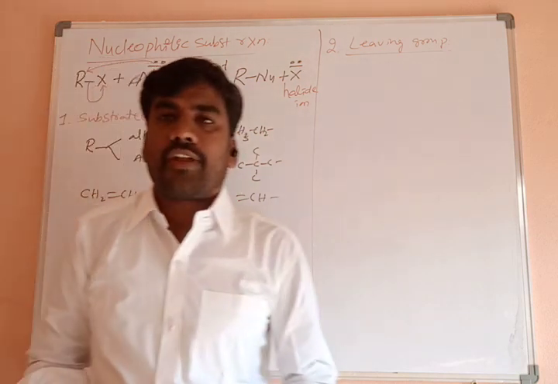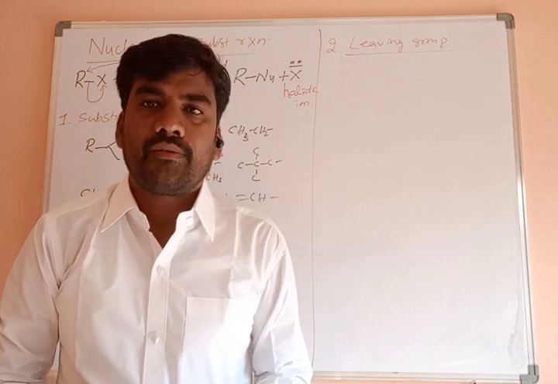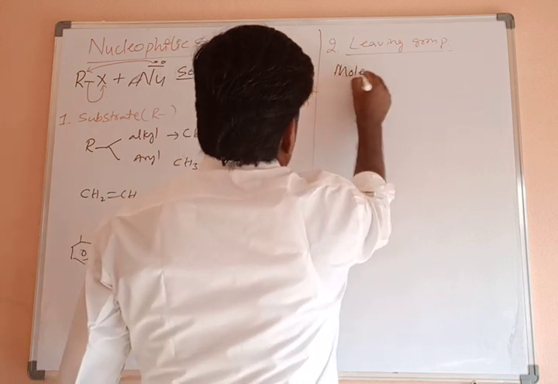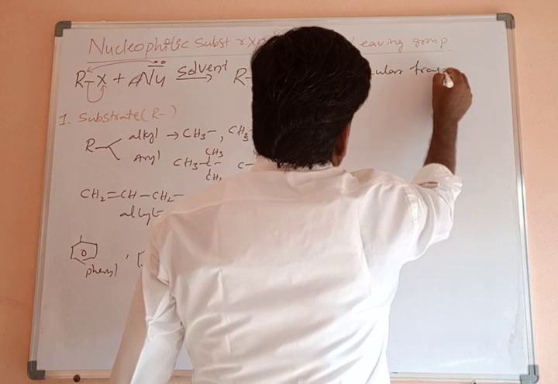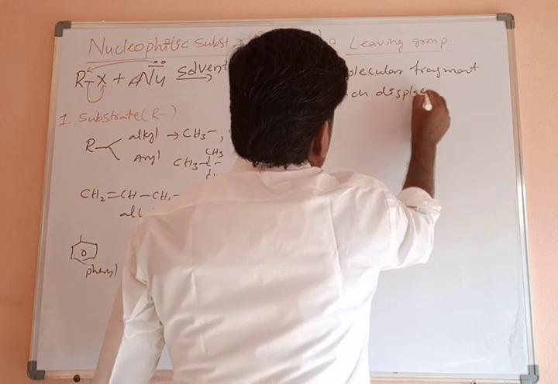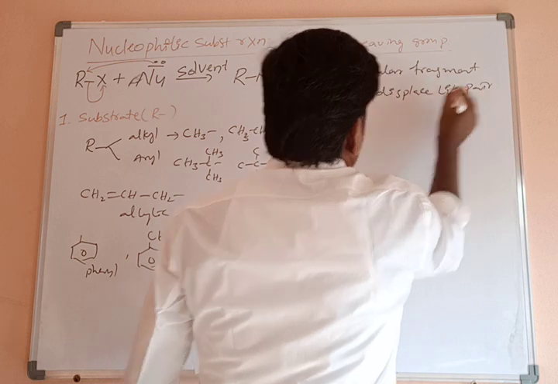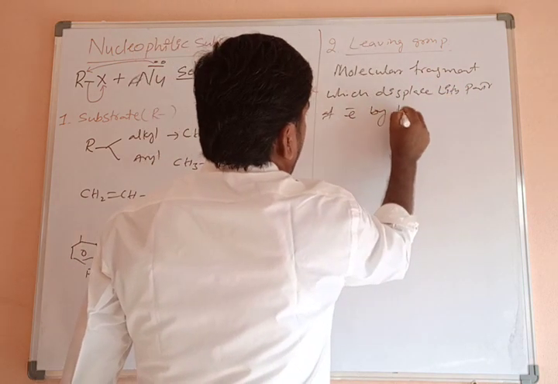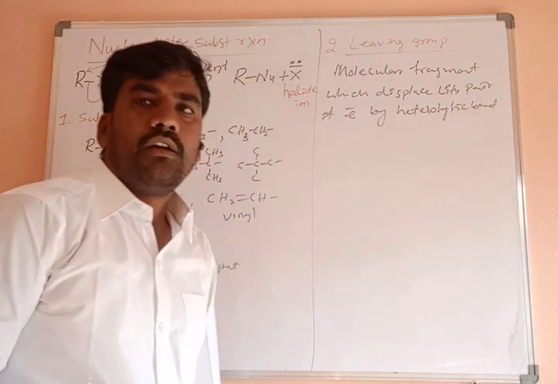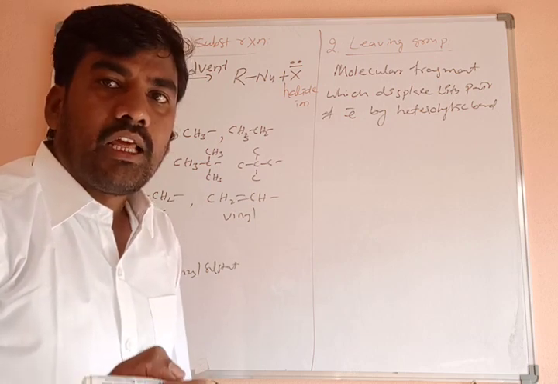A leaving group is a molecular fragment which departs with a pair of electrons by heterolytic bond cleavage. Heterolytic bond cleavage means the bond pair moves with the halide ion. So the halide ion is called the leaving group.